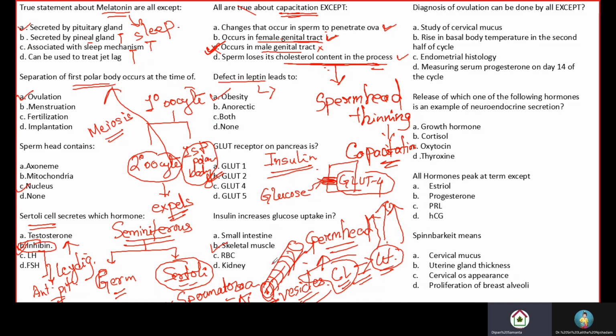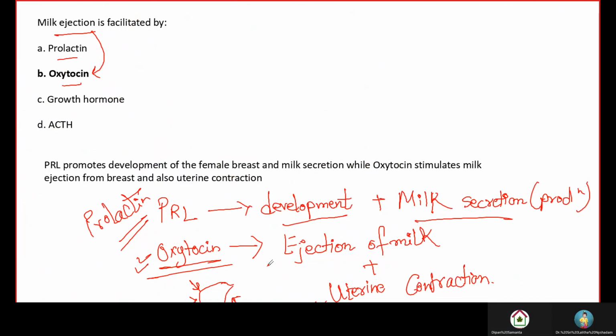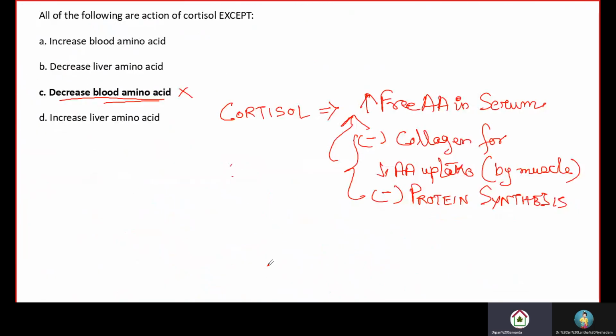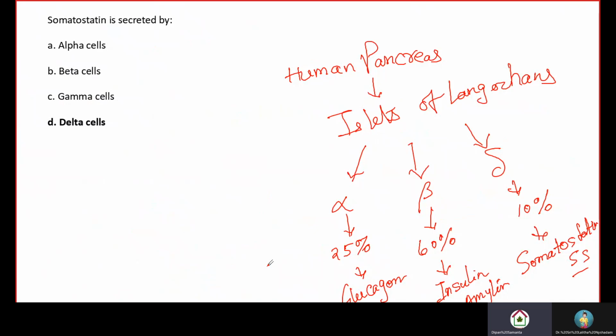Next is GLUT receptor on pancreas: GLUT1, 2, 4, 5. GLUT1 is present in placenta, BBB, brain, red cell, kidneys, colon. GLUT2 is present in beta cells of the islet. As we have studied, the islet of Langerhans is this.